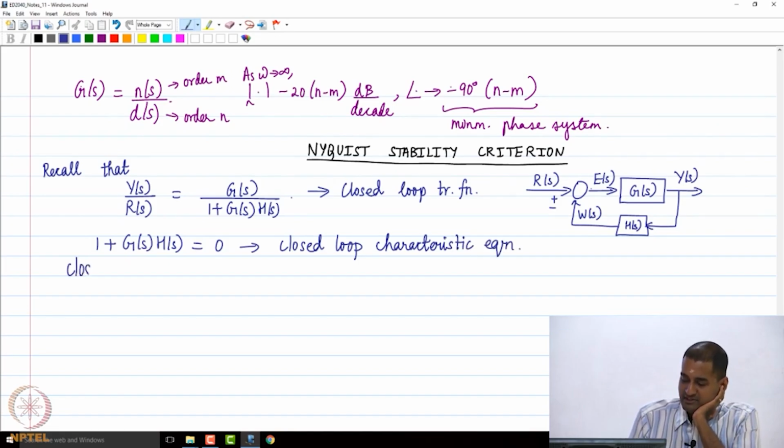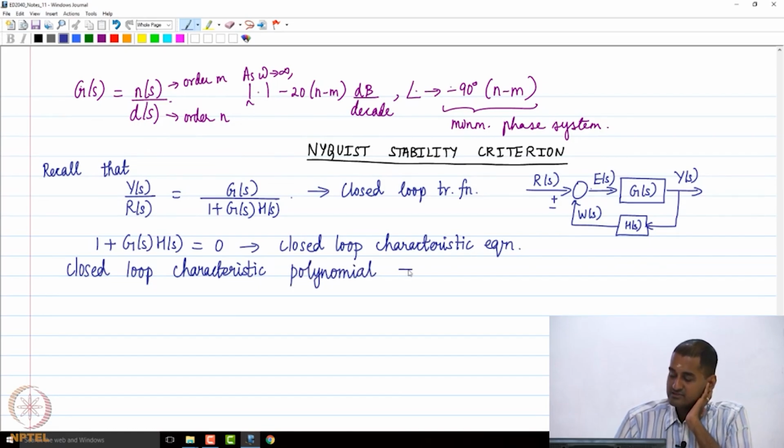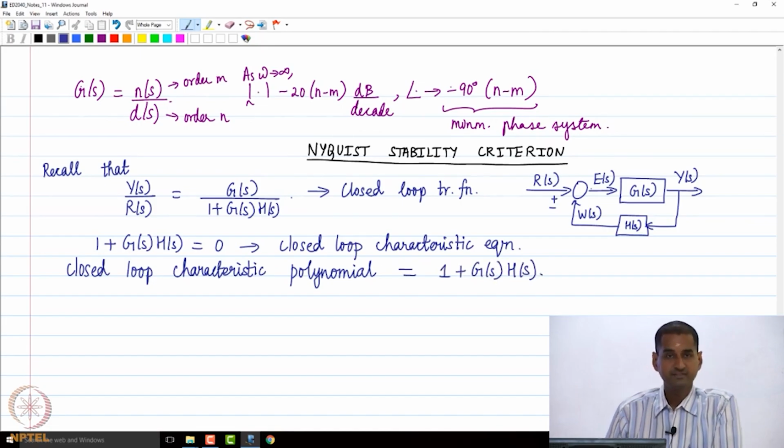And you immediately see that the closed loop characteristic polynomial is going to be equal to 1 plus G of s times H of s. That is what we have. That is the closed loop characteristic polynomial.